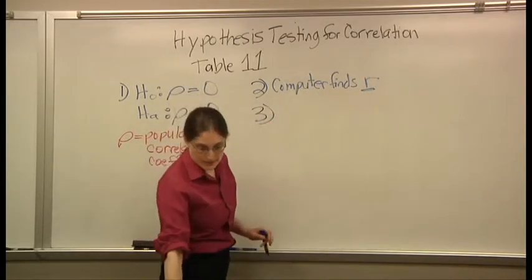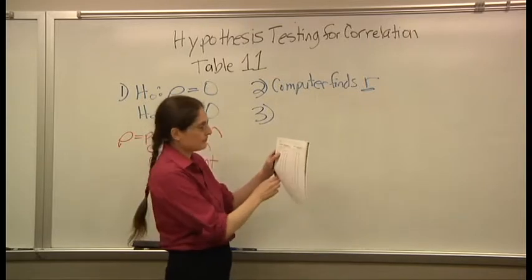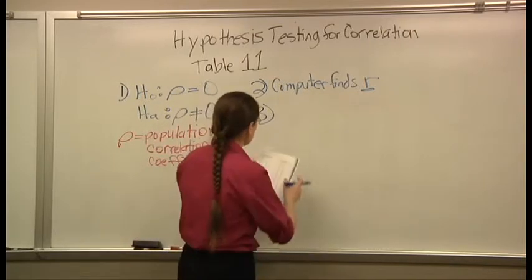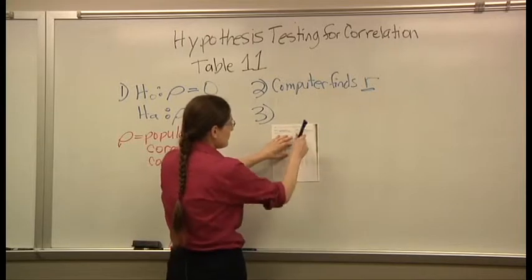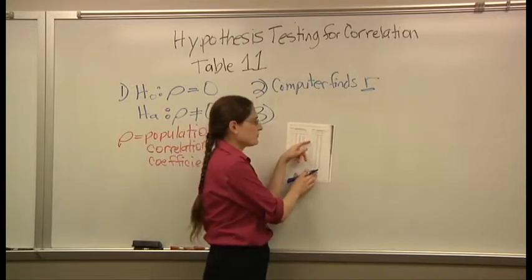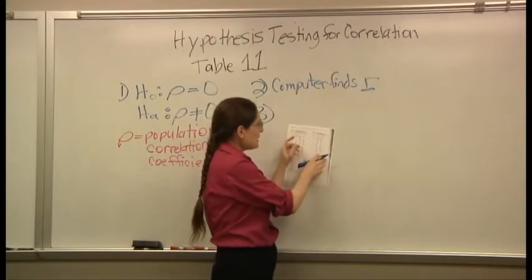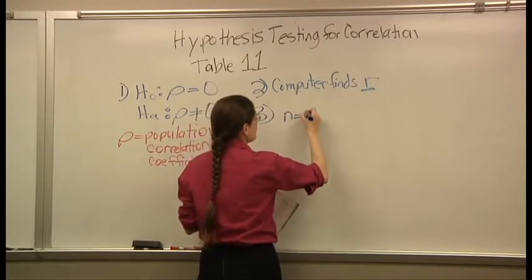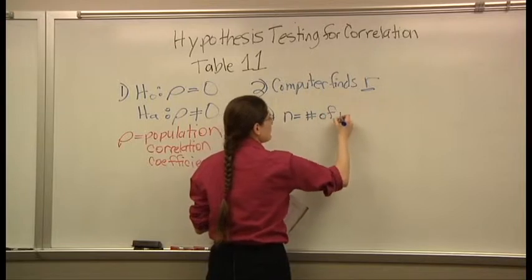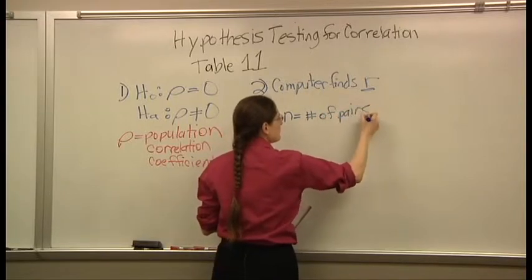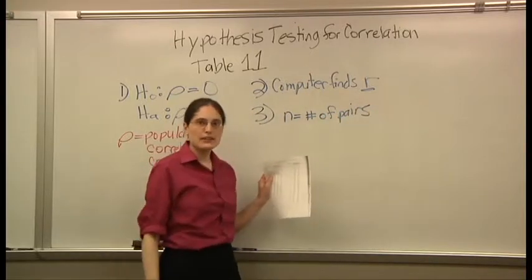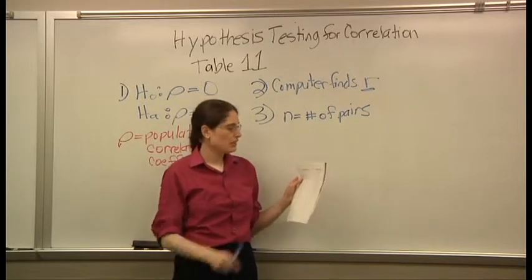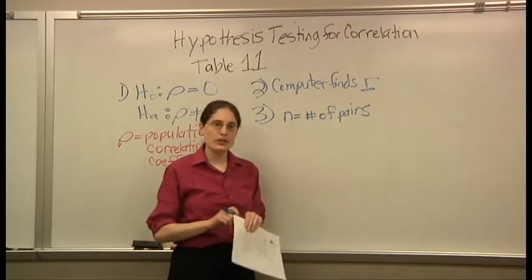Step 3 is use a table. So, you need 2 things to use this table. N is the number of pairs, and R is the correlation coefficient.